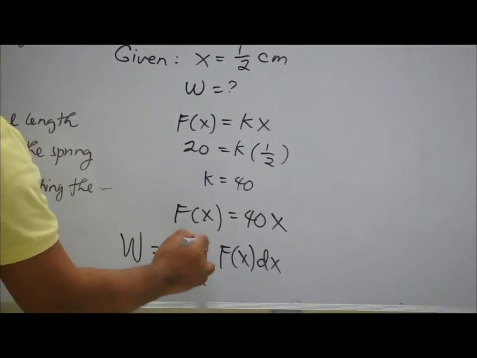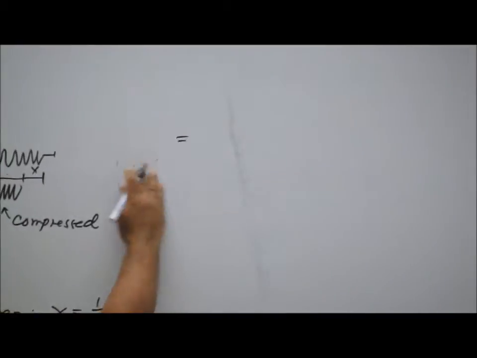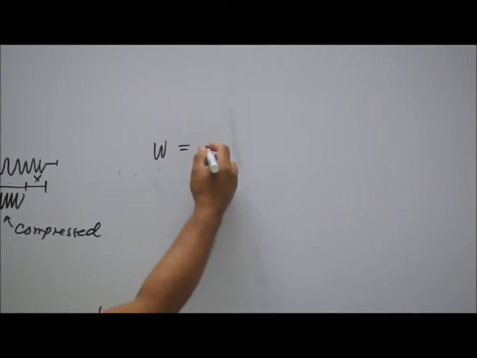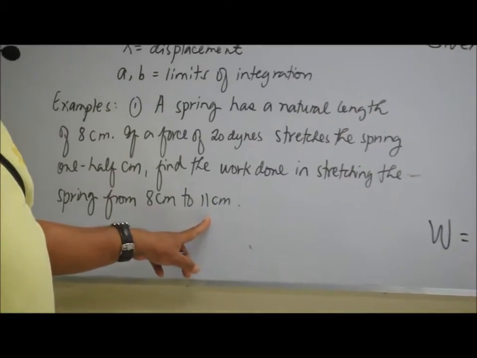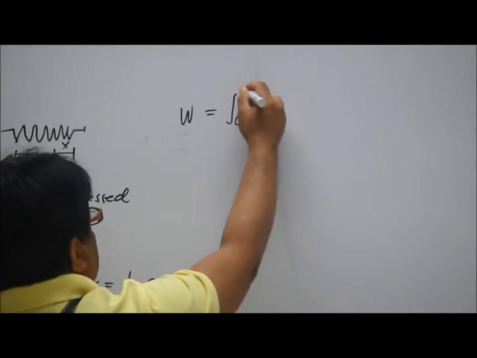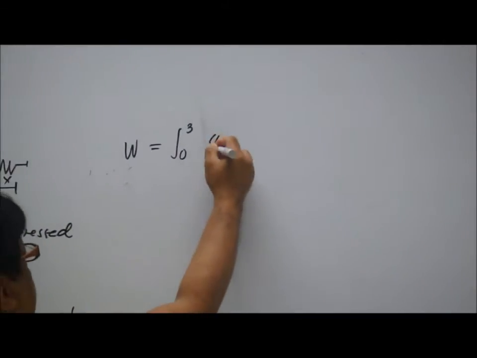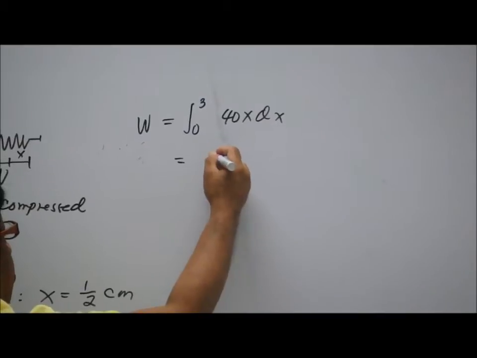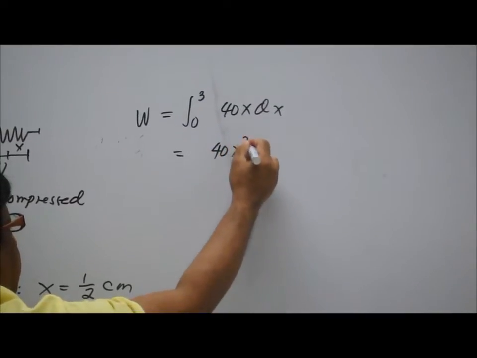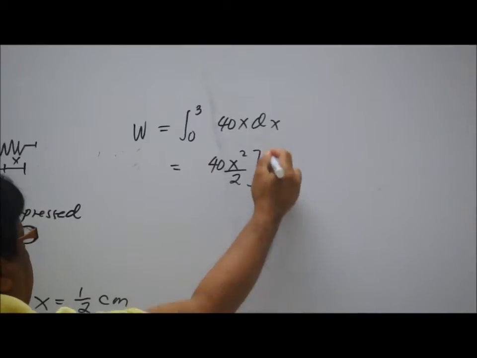And what will then be the limits? Since its natural length is 8 cm, and the displacement will be from 8 to 11, there's a difference of 3 cm. So therefore, the limits will be from 0 to 3. Then f of x will be 40x dx. So from here, let us now integrate. That is 40x squared all over 2 from 0 to 3.